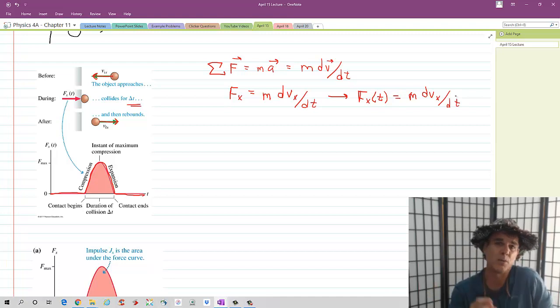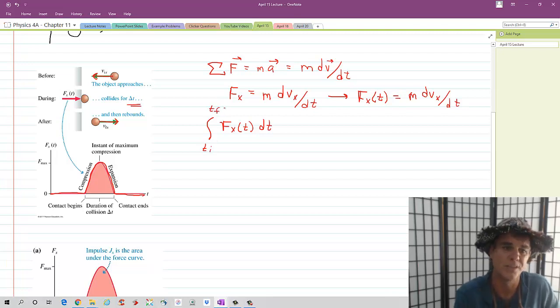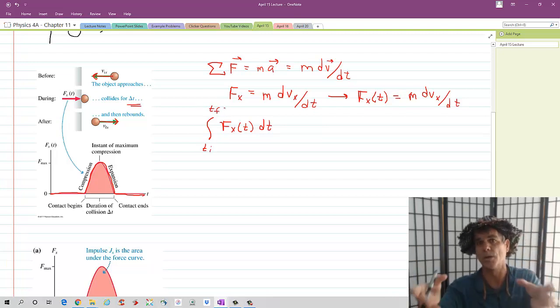Now remember, I can do anything to both sides of an equation without changing the value of the equation. So what I'm going to do is integrate both sides of this equation by dt, by time, from some initial to some final time. So on the left-hand side, I've got the integral of the force integrated with respect to time from some initial time to some final time. And for this particular example, this time is during the collision.